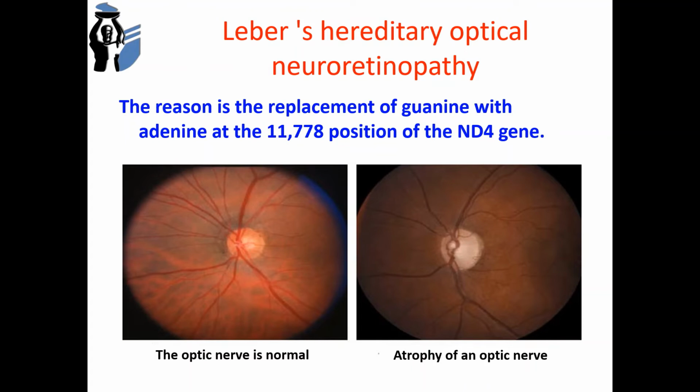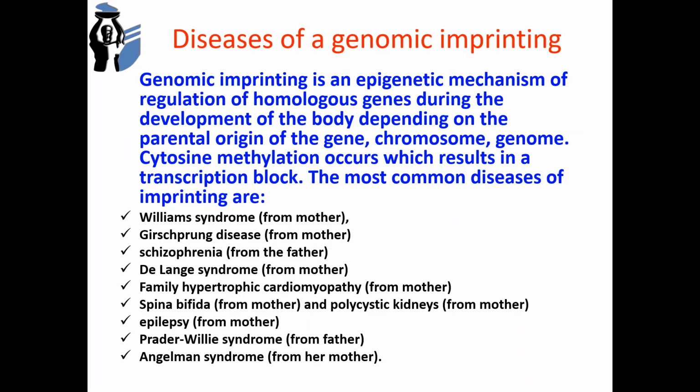The next group of diseases with an unconventional type of inheritance is diseases of genomic imprinting. Genomic imprinting is an epigenetic mechanism of regulation of homologous genes during the development of the body, depending on the parental origin of the gene, chromosome, and genome.